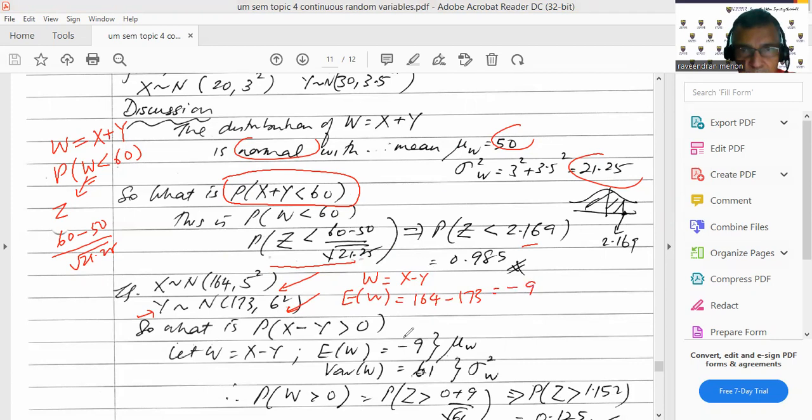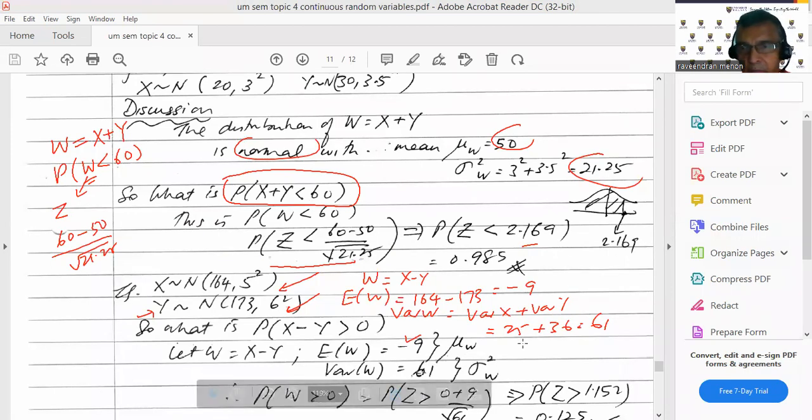That's what you see here. Then the variance of W will be the variance of X plus the variance of Y. Variance of X is 25. Variance of Y is 36. You'll get 61. Careful, this is plus. So now you're ready to solve the problem.